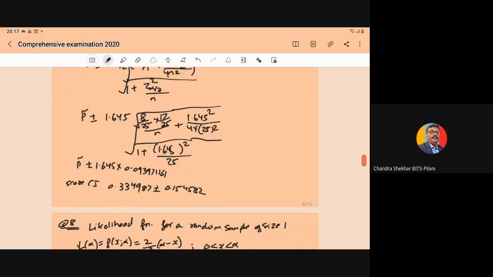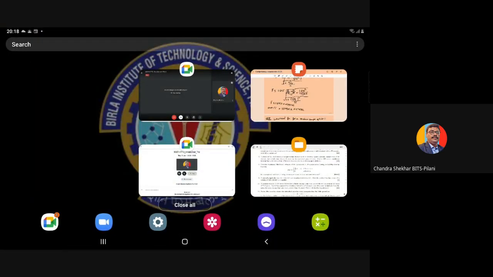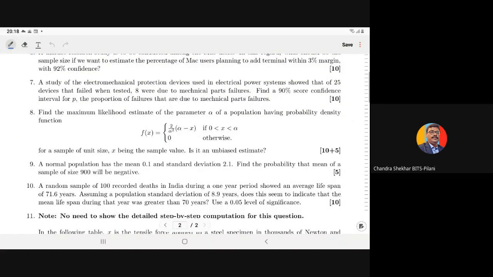On solving, you will get p tilde plus minus 1.645 into 0.0939711161. So the score confidence interval will be 0.334987 plus minus 0.154582. So this is the way to determine the score confidence interval for the proportion.